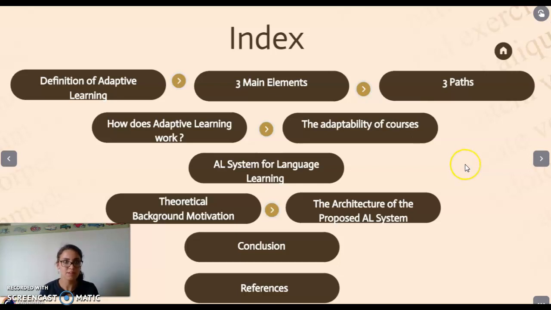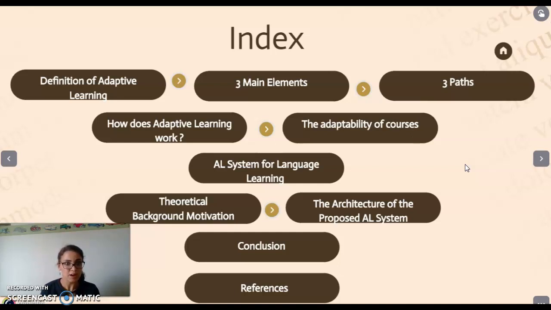We will speak about what adaptive learning is, what the three main elements are, and there are three paths, what these are, and how adaptive learning works, what the adaptability of courses is, and adaptive learning systems for language learning are our topic.